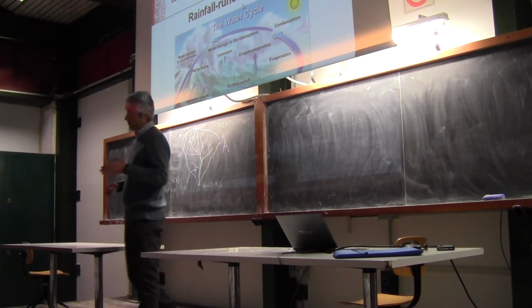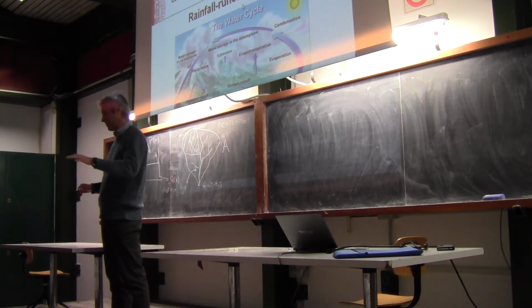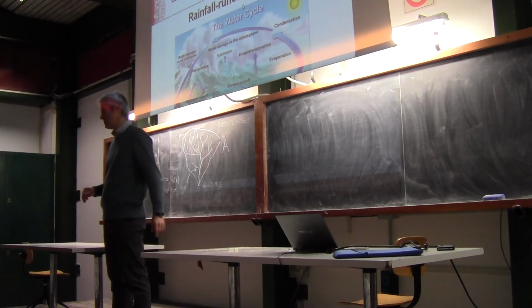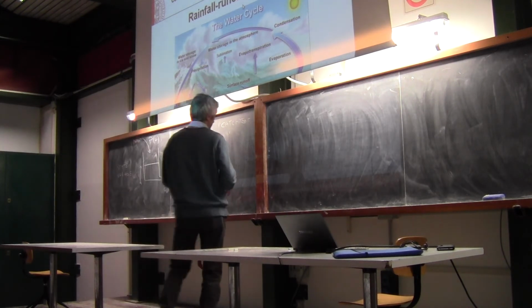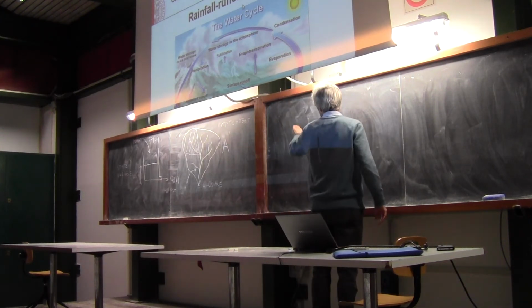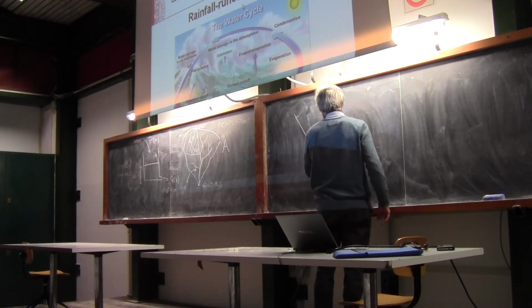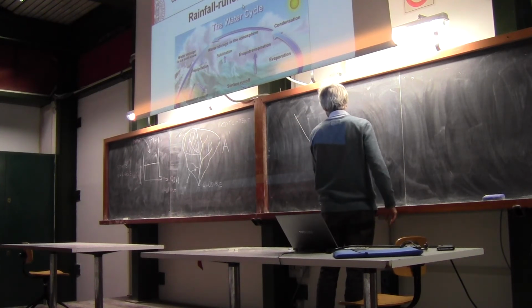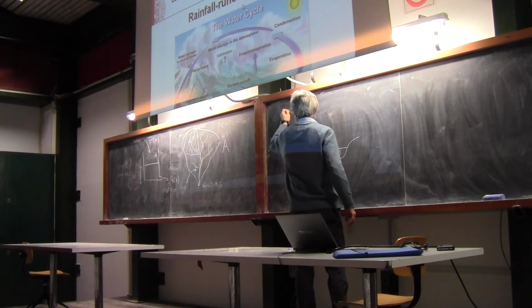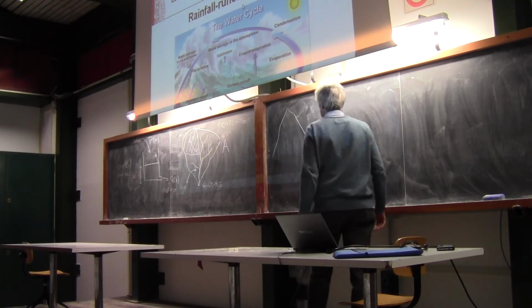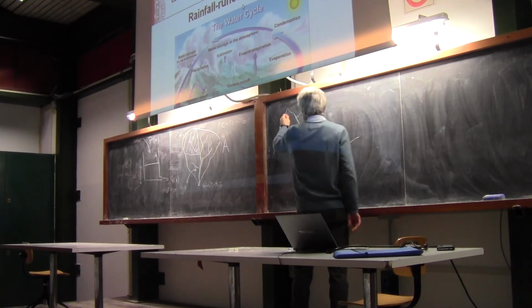You follow the topographical divide and identify the catchment. Keep in mind that if you look at a section, the catchment is like this. Here you have your river, and here you have a mountain. And therefore, the divide is here.